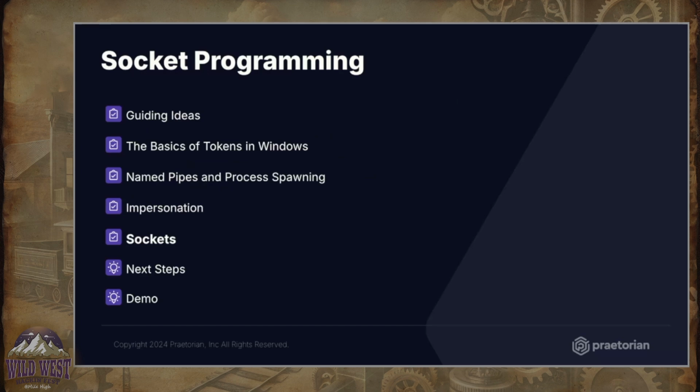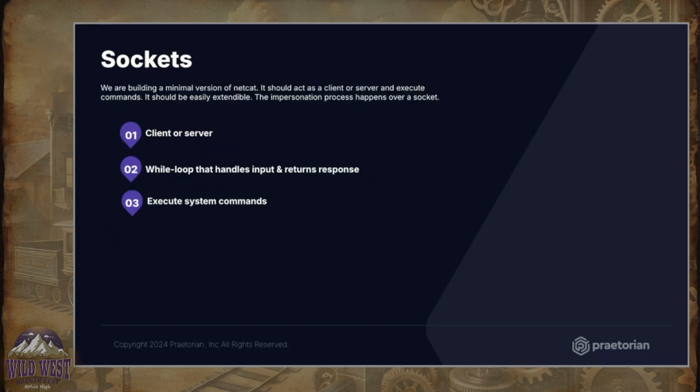So now I'd like to tie this all together using socket programming in a process that I call shellification. Fundamentally, for the impersonator shell to be a shell, we need to integrate it into a minimal version of Netcat. And not only should this minimal version of Netcat be easily extendable, but it has to fit three primary criteria. It should be able to act as a client or as a server based on arguments that are passed to it upon runtime.